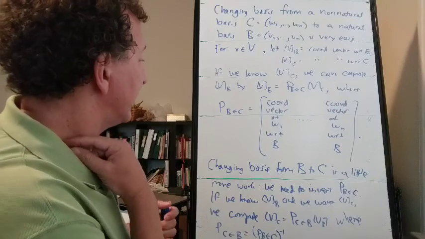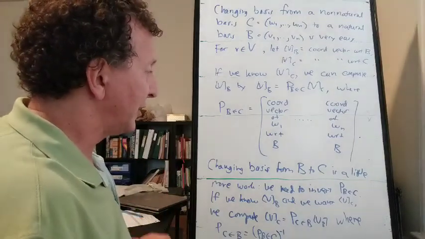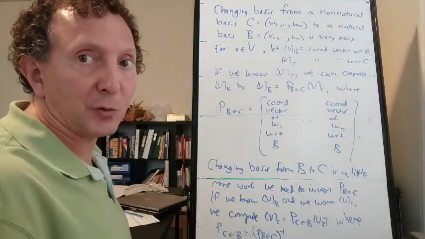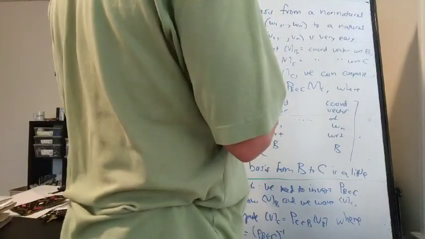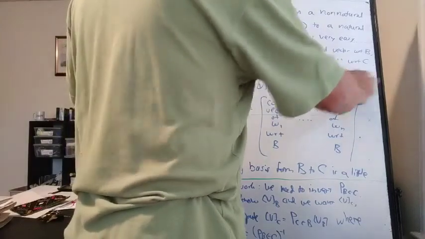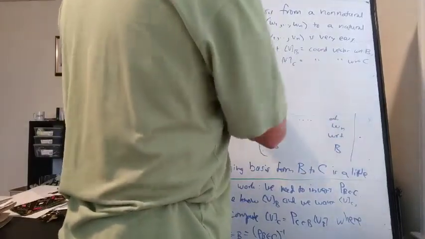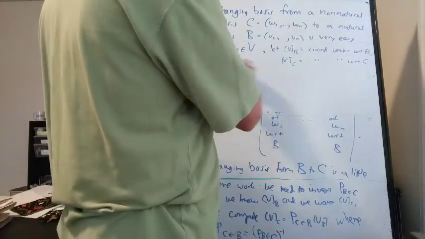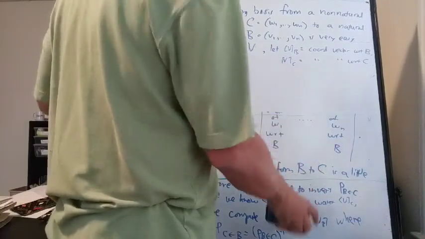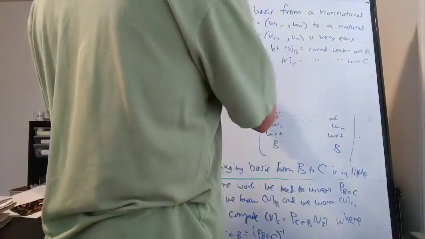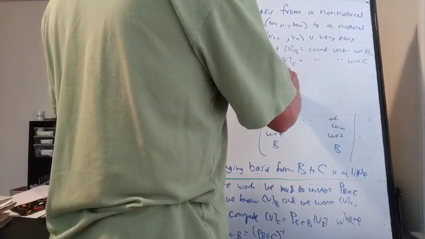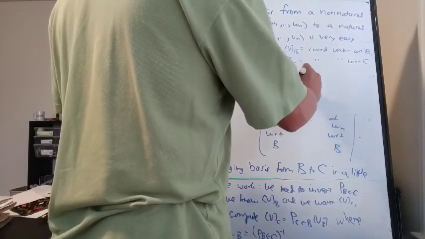So the real trick is what if we have to change basis from one non-natural basis to another non-natural basis? So let's keep our natural basis B, our non-natural basis C, and let's introduce a second non-natural basis, C prime. And let's let its vectors be W prime 1 through W prime n.